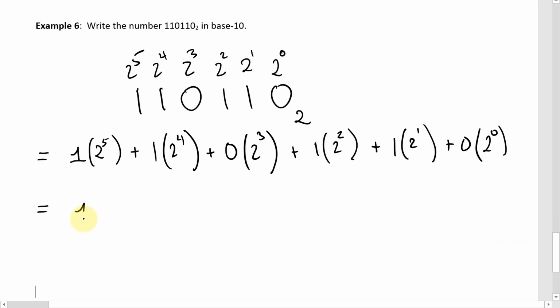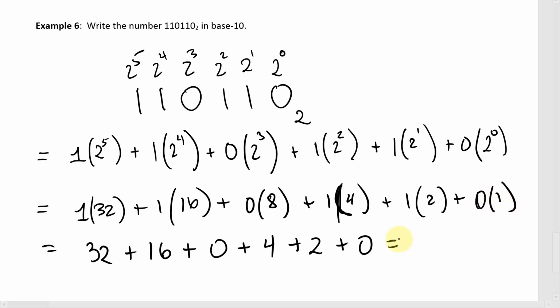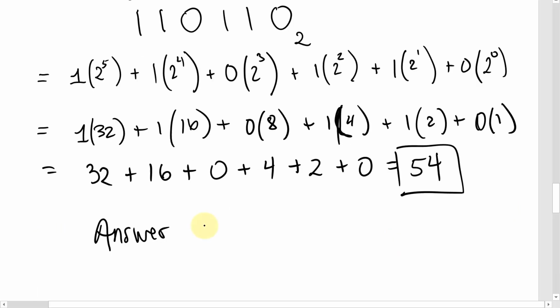So that means we're going to get 32, 16, 0 times 8, 1 times 4, 1 times 2, and 0 ones. So adding that up, 54. 110110 in base 2 is equal to 54 in base 10.